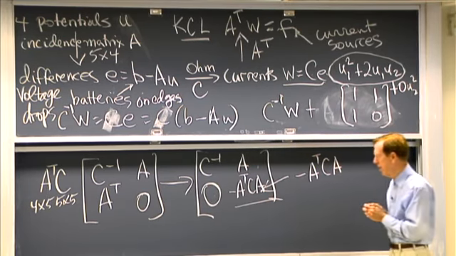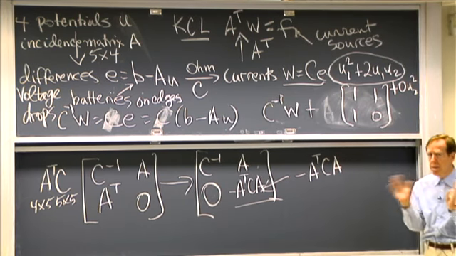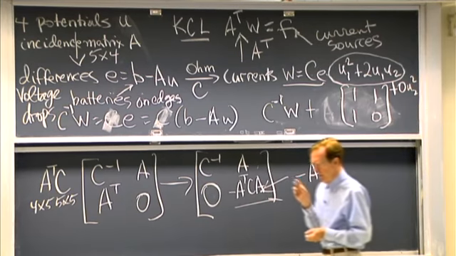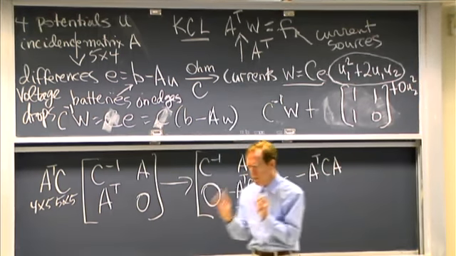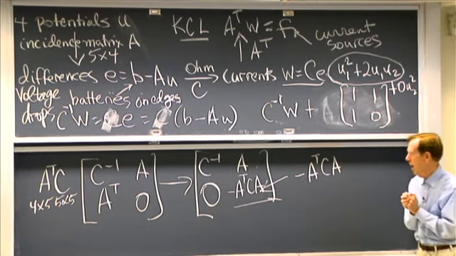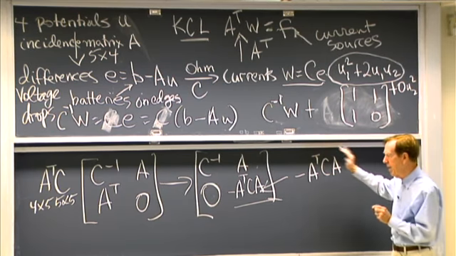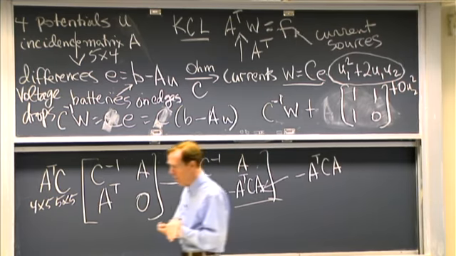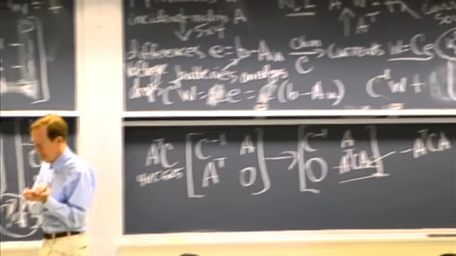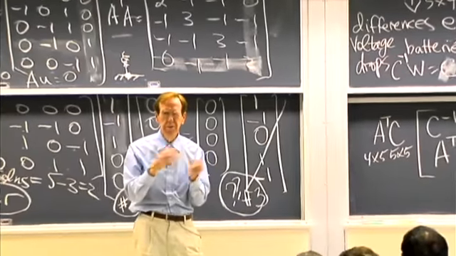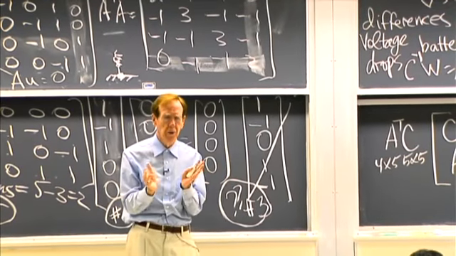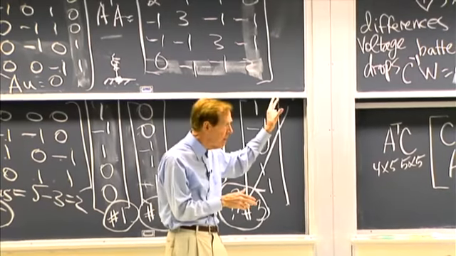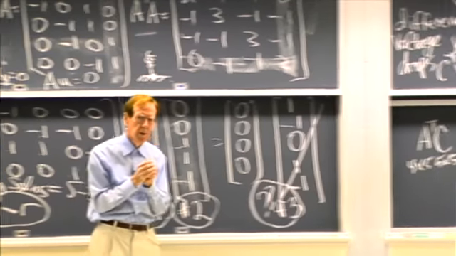Minus A transpose CA is shown up there. So that's the saddle point. Saddle points are what you're talking about when you have two field problems. And the mixed method in finite elements is exactly that. And the tricky part is then, with the mixed method, you're not so perfectly guaranteed that the matrix is invertible, because we have plus stuff and minus stuff.